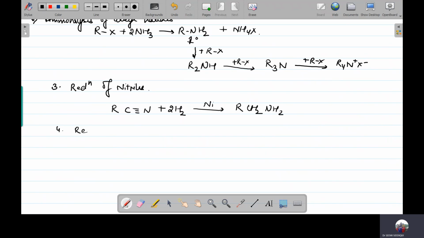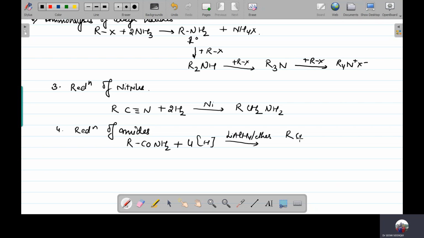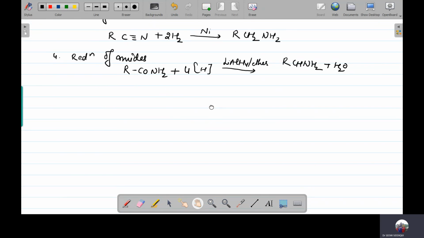Then the fourth method is reduction of amides. You take any amide and a strong reducing agent in the presence of ether. It is going to give you a primary amine, plus a water molecule is going to be liberated.